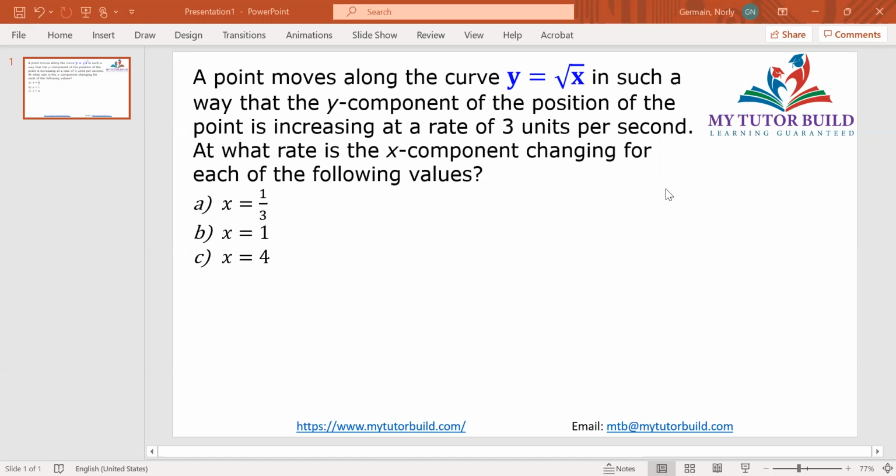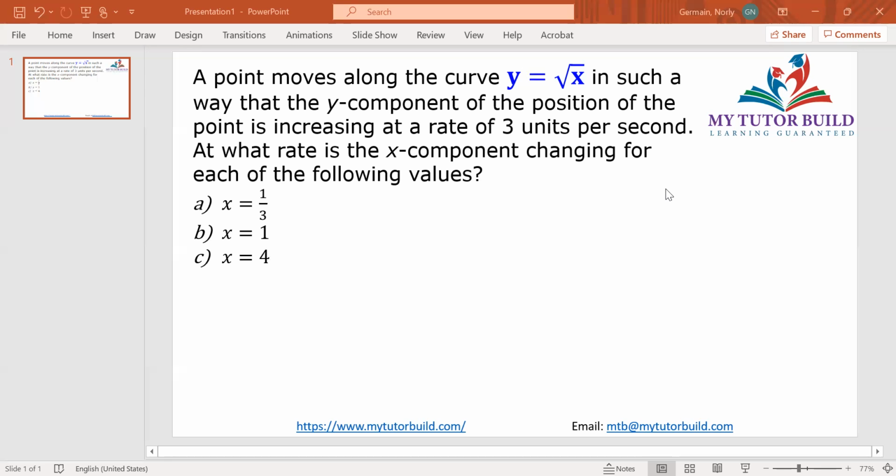When you look at this problem, it says a point moves along the curve y equals square root of x in such a way that the y component of the position of the point is increasing at a rate of 3 units per second.